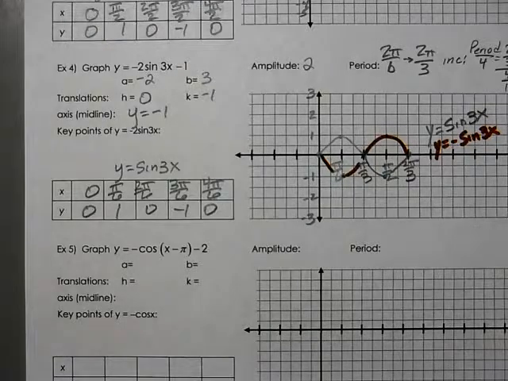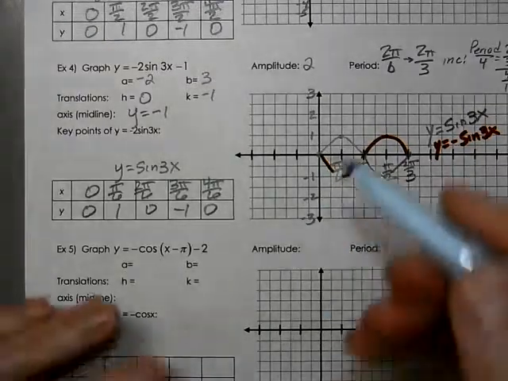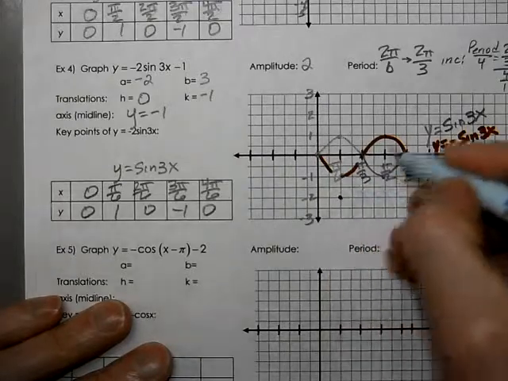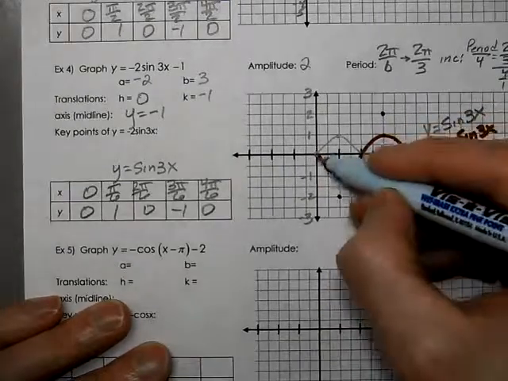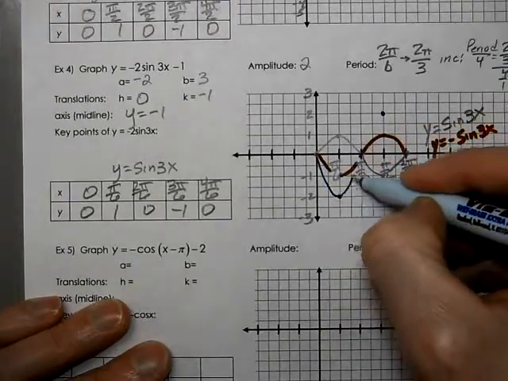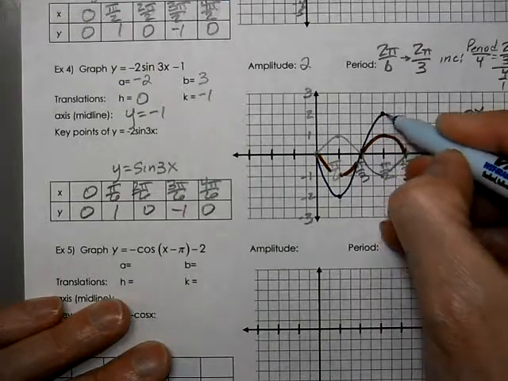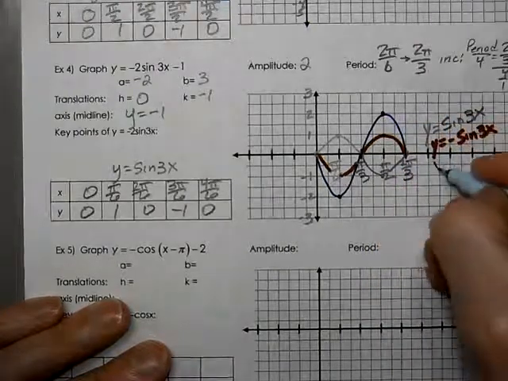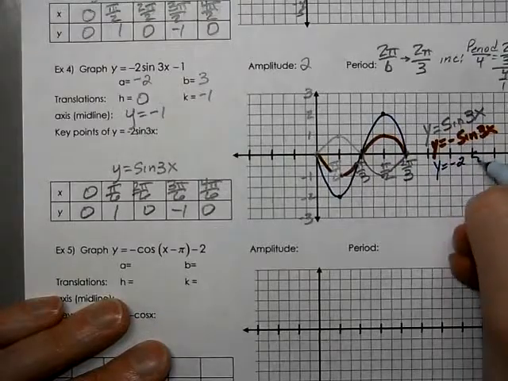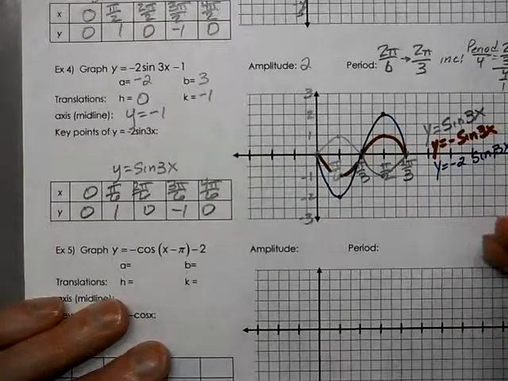We're going to get stretched by a multiple of 2. So y equals negative 2 sine of 3x.